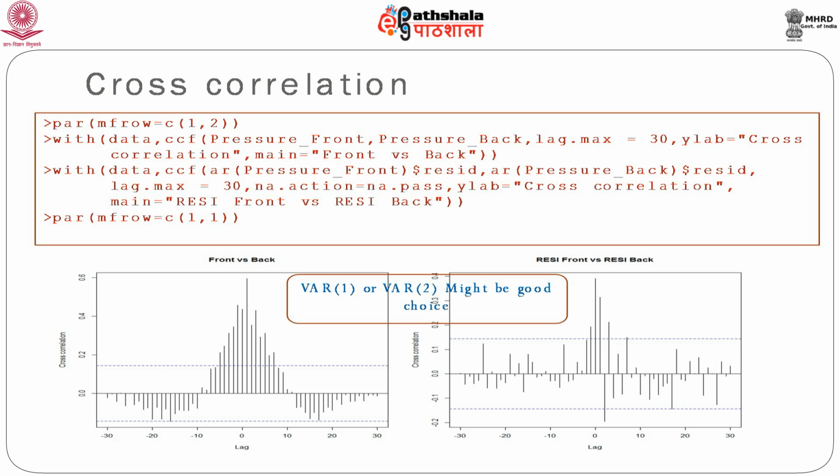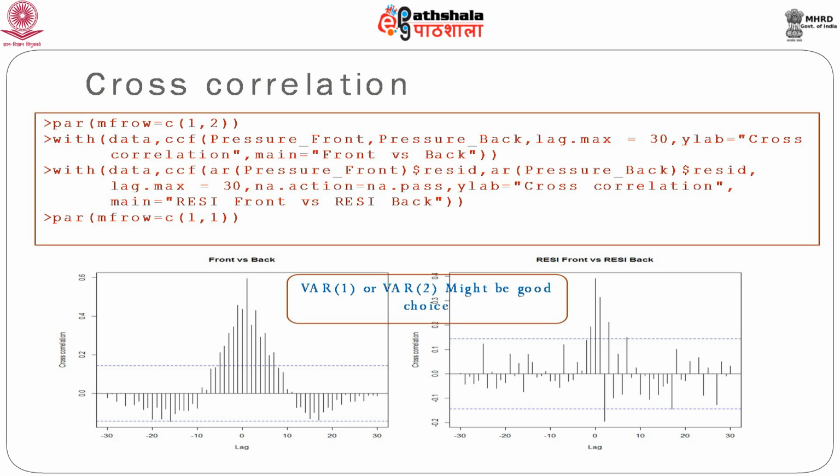So for cross correlation, again I wanted to put both the cross correlation plot together, the pressure at the front of the furnace and the pressure at the back of the furnace. For that I use with data, then the CCF function, the cross correlation function, with pressure underscore front, comma, pressure underscore back.